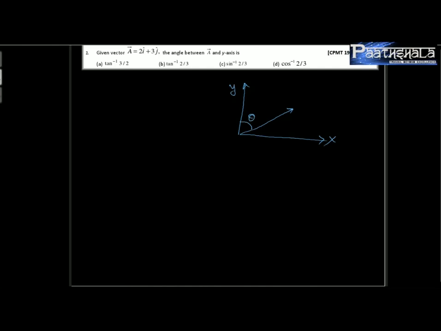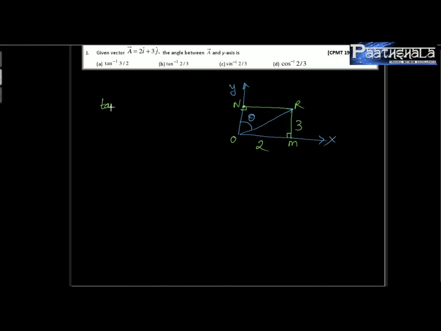So what we do is use the rectangular resolution of vectors that we have learnt, and we resolve the vectors along two directions. So our vector OR has two components, OM and ON. OM is 2 and ON is 3, and the angle that the vector makes with the y-axis has been asked.